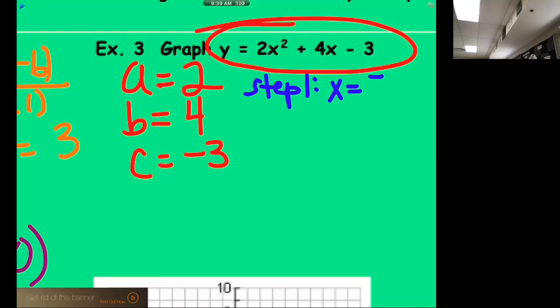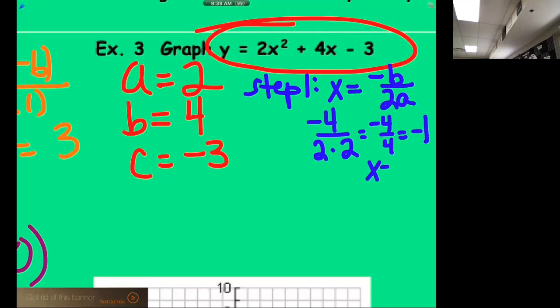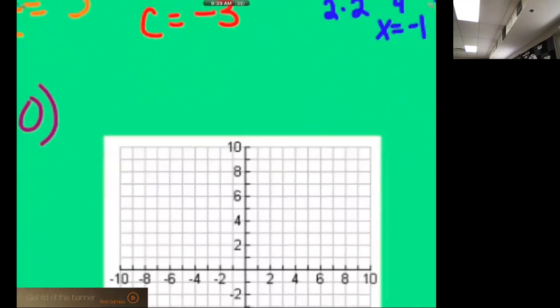Yep, so there's got to be a negative b. So our formula is negative b over 2a. So we take our b, make it negative, and divide it by 2 times our a. We have -4 divided by 4, which gives us -1. So x equals -1. That is our axis of symmetry.